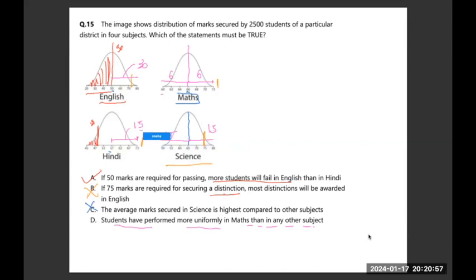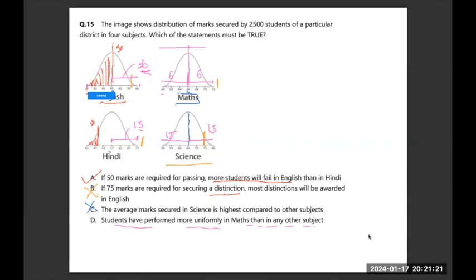So yes, students have more consistently performed in maths because this distance from the center median is less in maths compared to others. And in terms of English, it's not that uniform because the variation is 30 from the median till the extreme values.